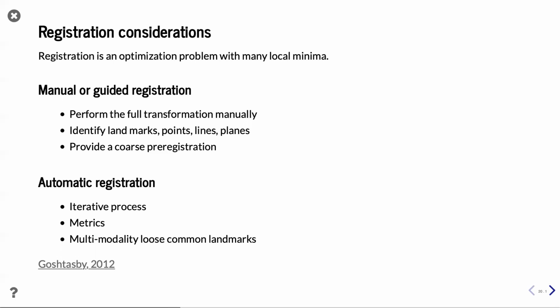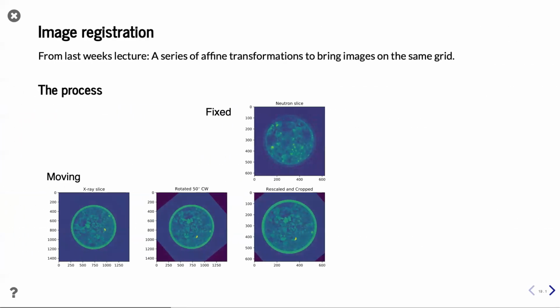And you can, of course, also provide a coarse pre-registration, which helps a lot to avoid the local minima. And if you look at this data, it's a lot of repeated structures. They look almost the same. And therefore, it's often very useful to be more or less on the right scale, more or less on the right rotation, before you start the automatic optimization.